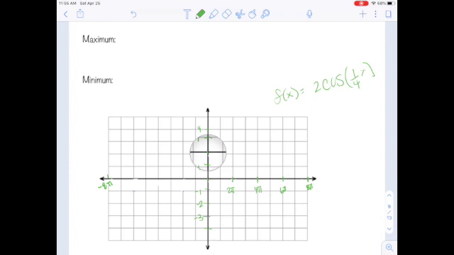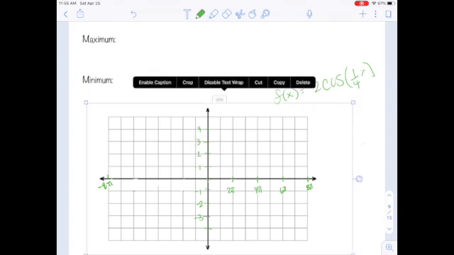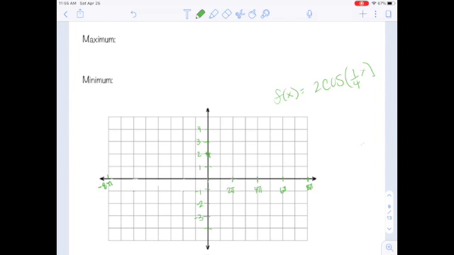Cosine starts high, so an amplitude of 2. I'm going to start high, get to my x-axis, go low, get back to my x-axis, and go back up. So here is my green graph, which is 1 period of f of x.